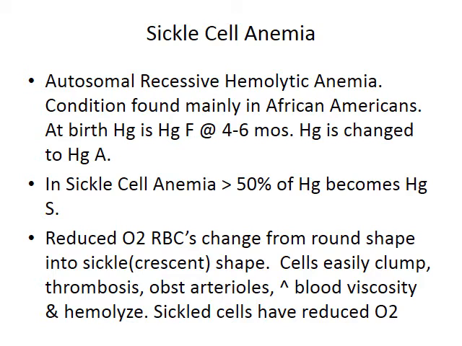Think of the barrel of monkeys and how those are shaped. That's exactly what's happening in your vessels. With sickle cell anemia, they have these great hooks that grab onto each other and say, hey, come hang out with me.